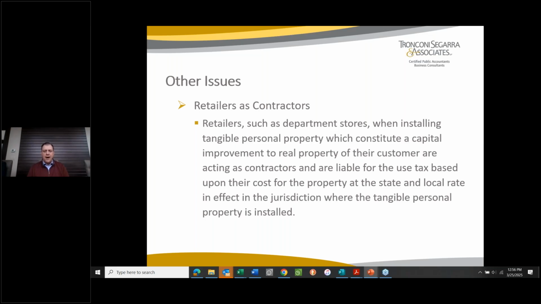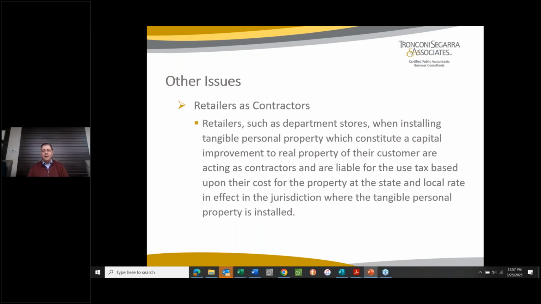It's going to be treated like a capital improvement in that case, where you would fill out an ST 124, and then they're going to charge you the cost of the labor and the materials, and they're going to pay use tax themselves on the value of the part or the TPP that they're installing for you. That also works too, we see that with fabricator contractors.